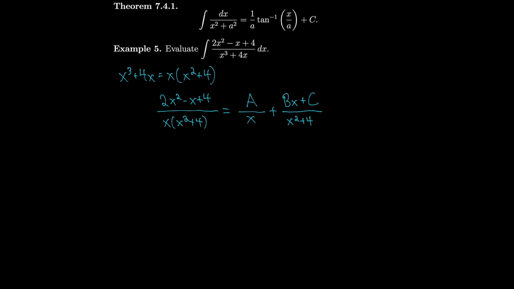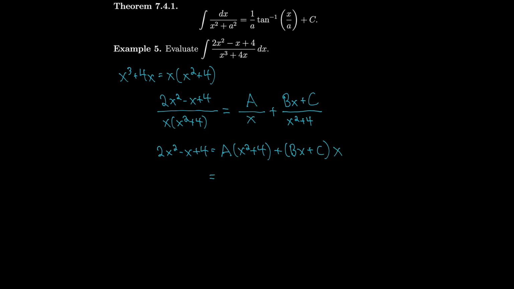So that means that when we multiply the left and right by the denominator, we end up with 2x squared minus x plus 4 equal to a times x squared plus 4 plus bx plus c times x.